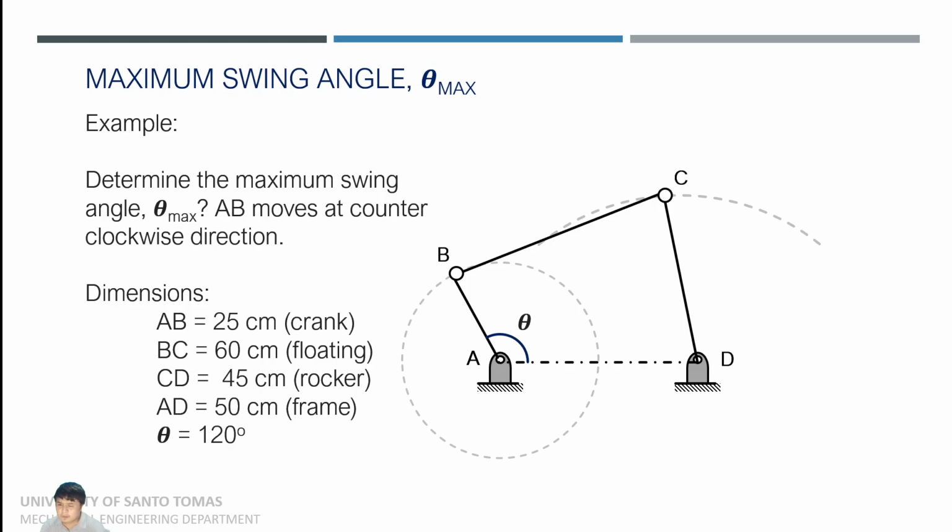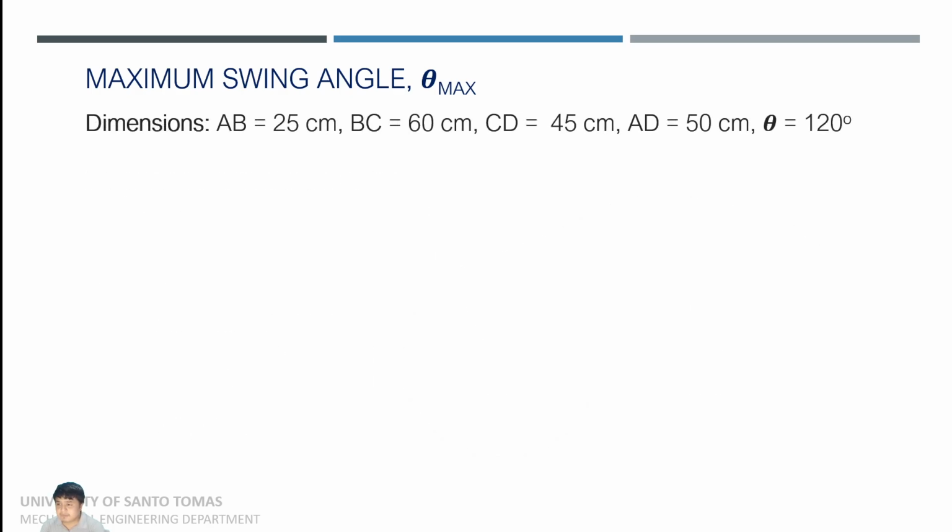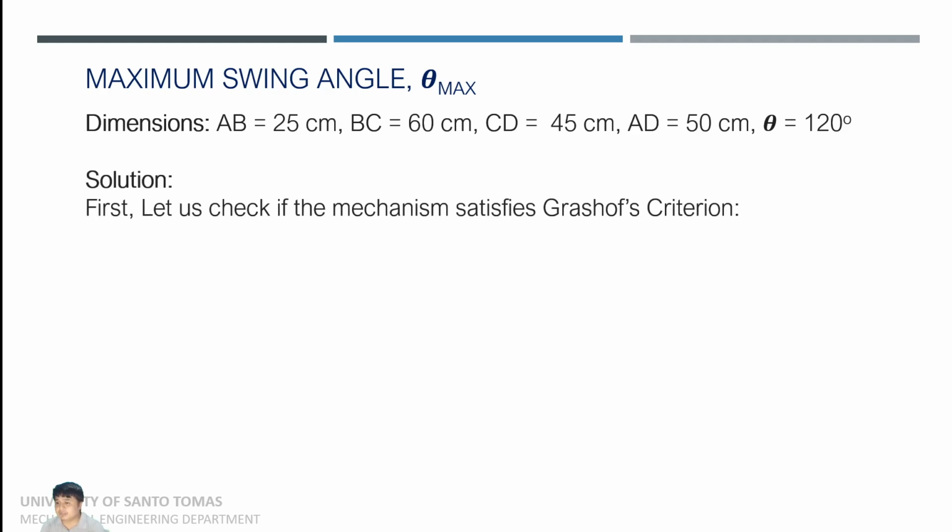I hope you've already known how to do this graphically, but we will do this analytically. We can check first if this satisfies the Grashof condition, which basically means that this crank AB can fully rotate.